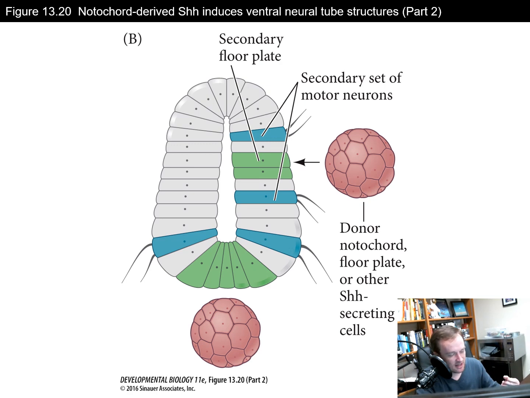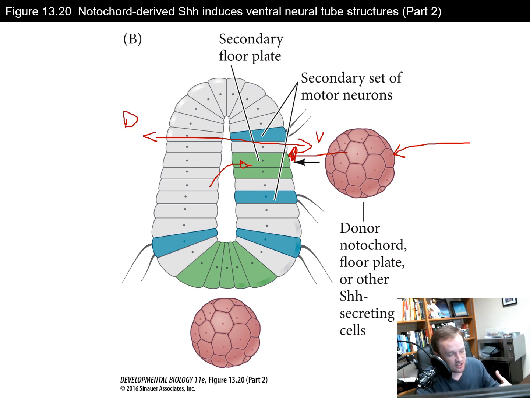As proof of concept that the notochord is secreting the sonic hedgehog, which is causing the cells to differentiate into the floor plate and into motor neurons, if you were to take some notochord cells and put them ventrolaterally to the developing neural tube, it will influence these cells in the same way as when it's on the ventral side, and you get a second floor plate forming, and you get the same pattern where it almost thinks that this direction is the ventral-dorsal axis.